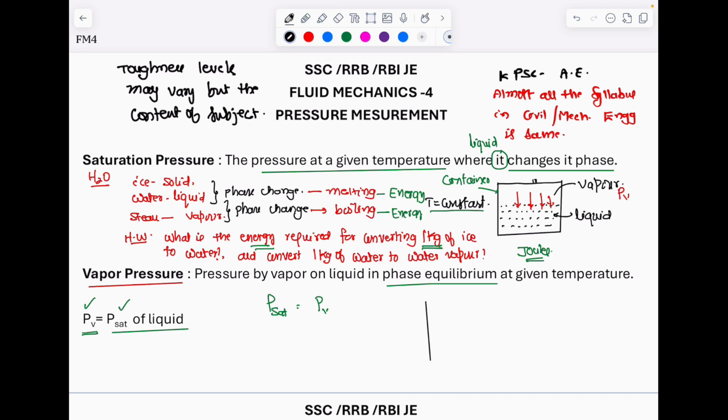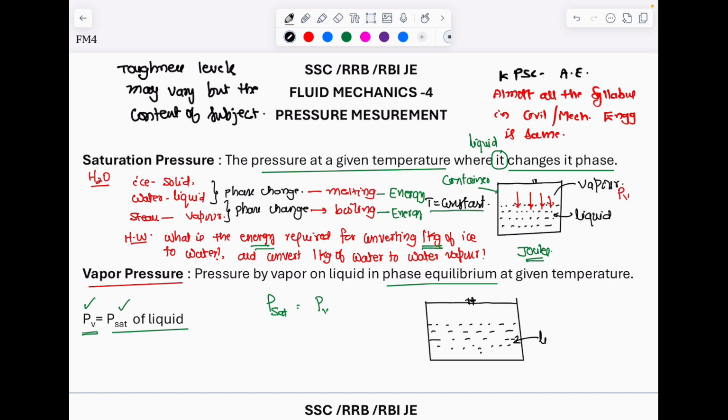This is the container. I am only drawing the container under equilibrium. This is the water or liquid or fluid, whatever you call.